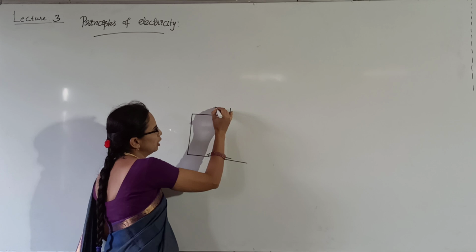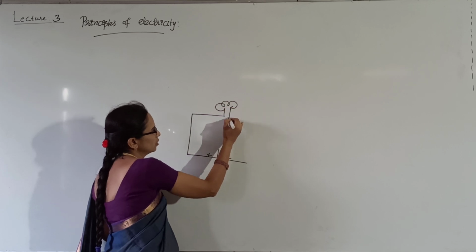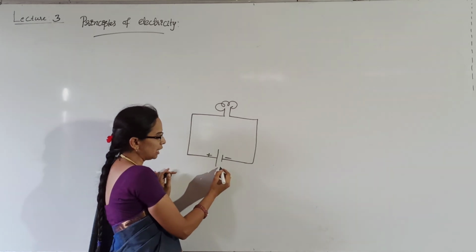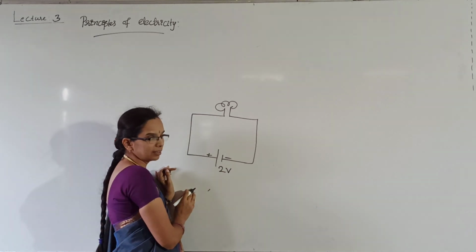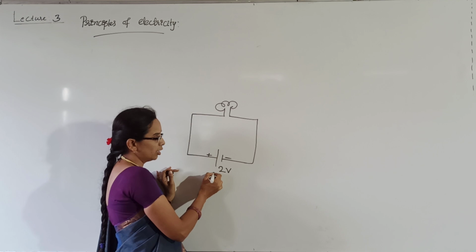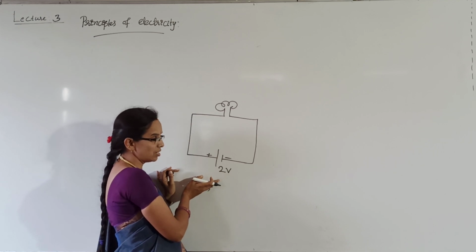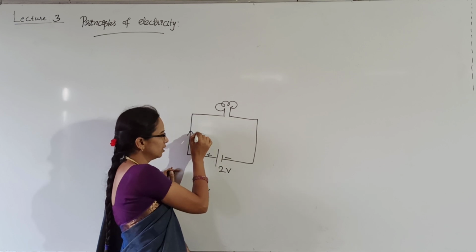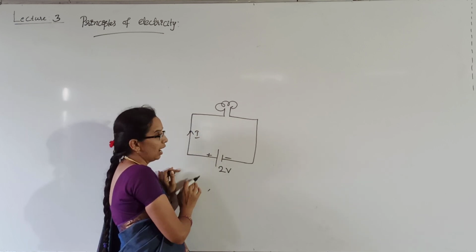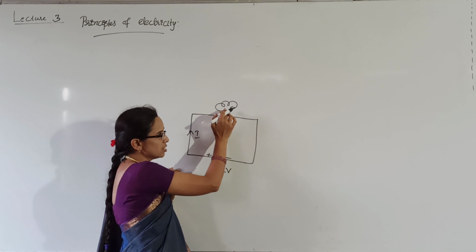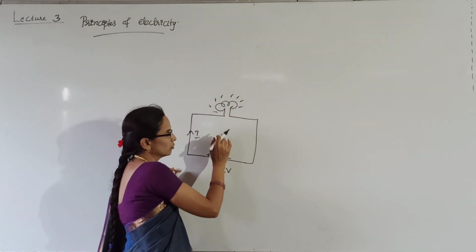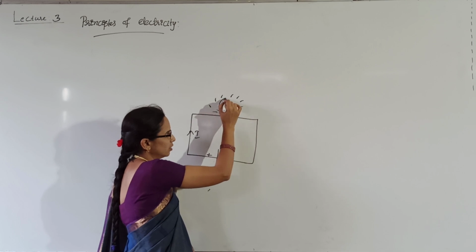I connect a bulb over here. Consider this, if I give 2 volt, that means I have given a potential difference, therefore the current is flowing and that current will flow through this bulb and the bulb will glow, right?